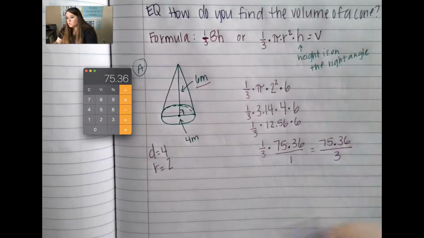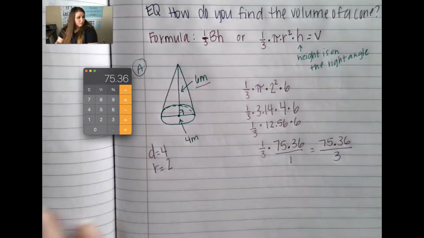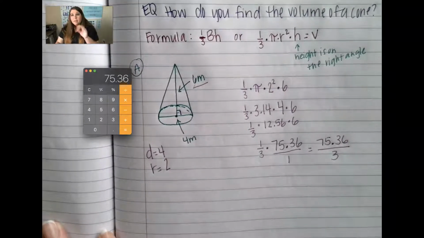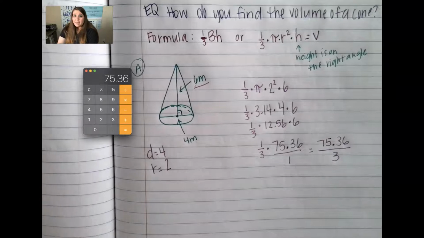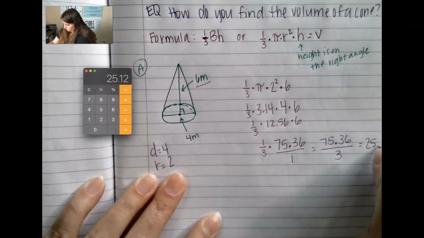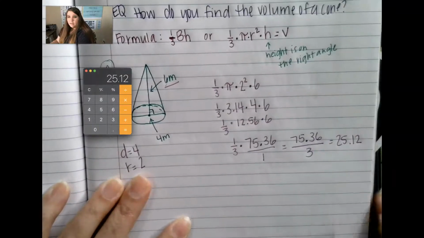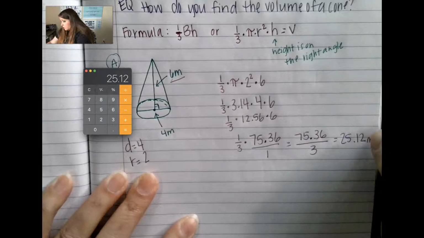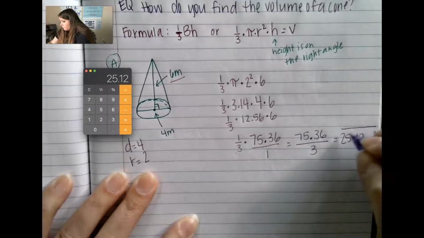So you find your volume of a cylinder, the area of the base times the height, and then just cut it into 1/3 or divide by 3 at the very end. So we have 75.36 divided by 3, and that's going to give us 25.12. And again, these are meters cubed because we are finding volume.